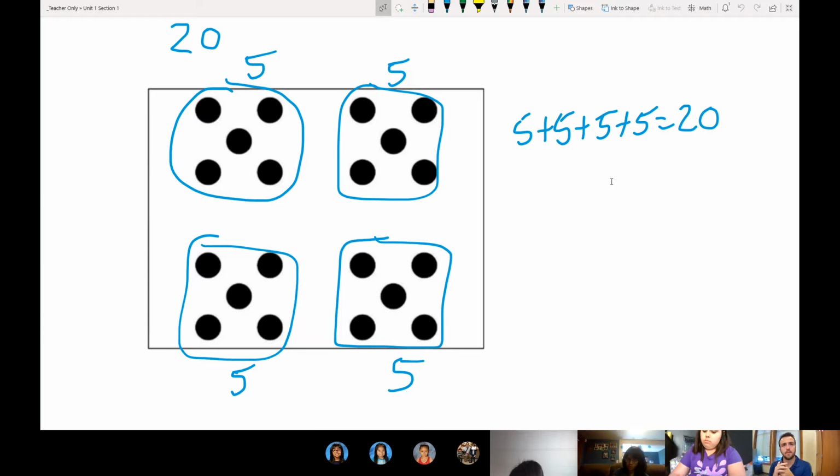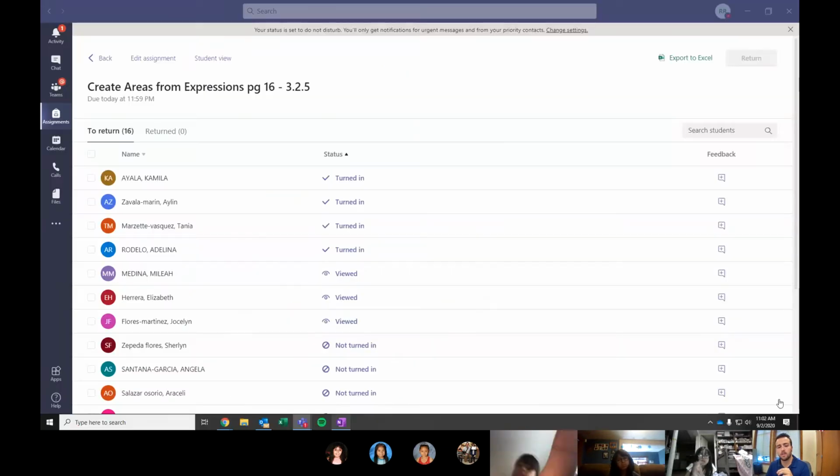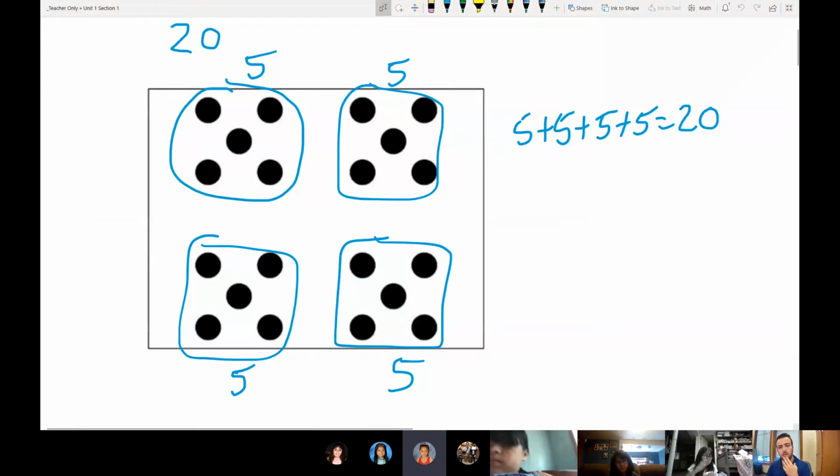Who saw it differently? Elizabeth, did you see it differently or did you see it like this? Okay, do you want to explain how you saw it? So I added both of the 4 5s.